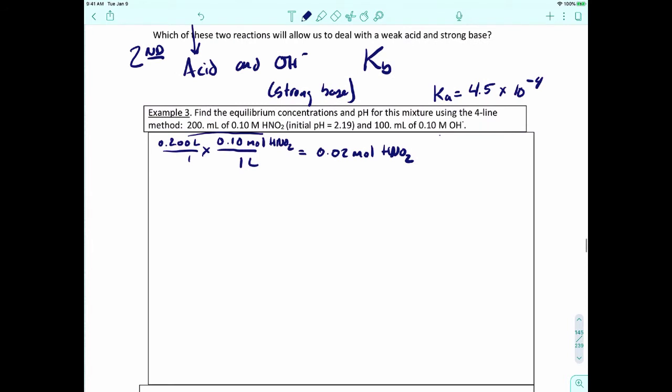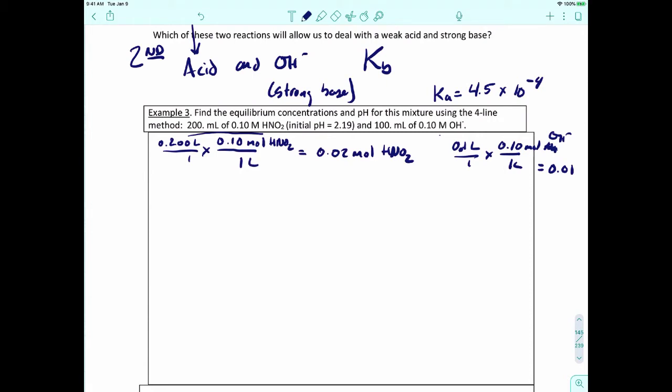And if we do the same thing with the base, you've got 100 milliliters, so 0.1 liter times the concentration 0.10 moles per liter, and that's hydroxide ion. So that's going to be 0.01. So it looks like, based on where we're at already, the amount of hydroxide ion is half the amount of your acid.